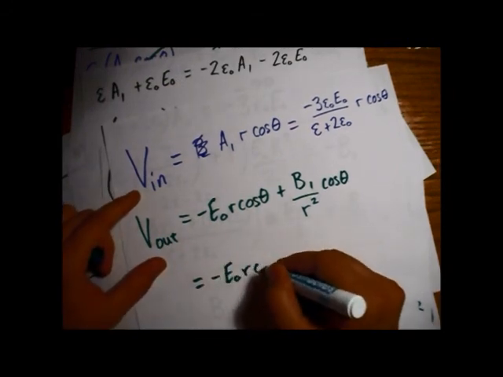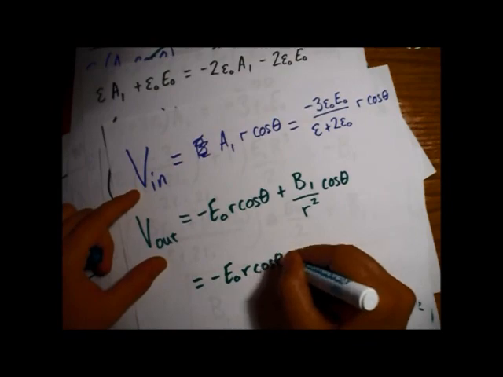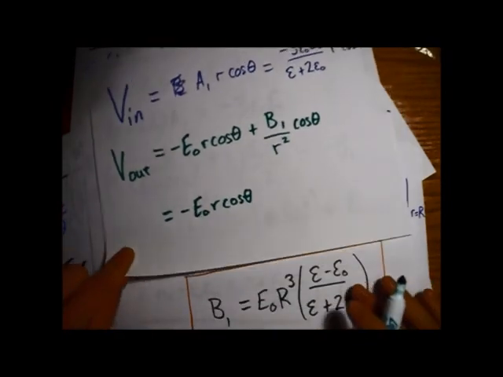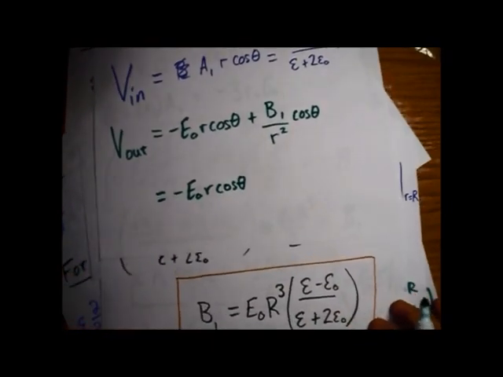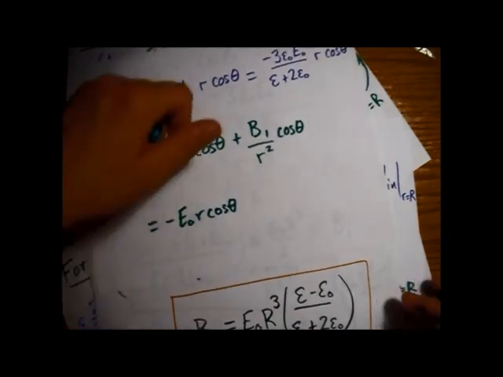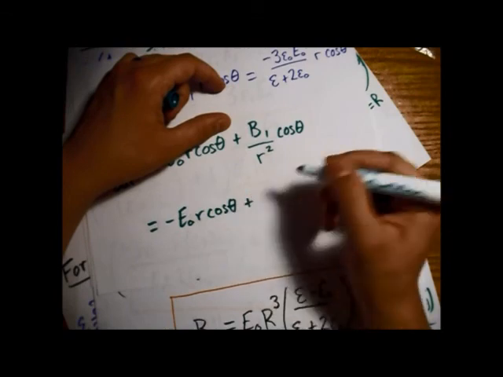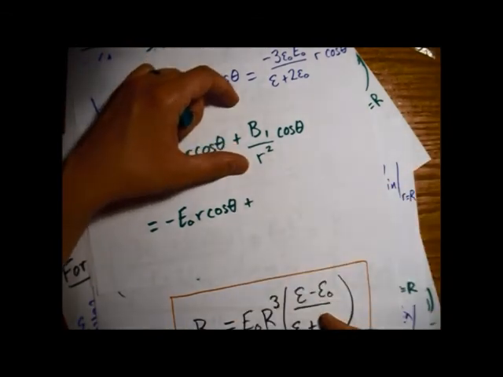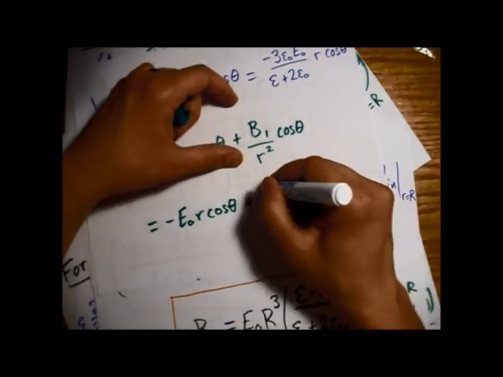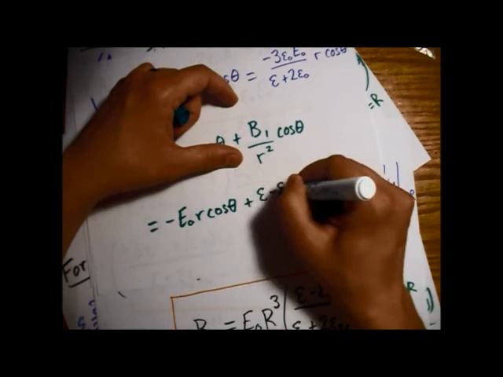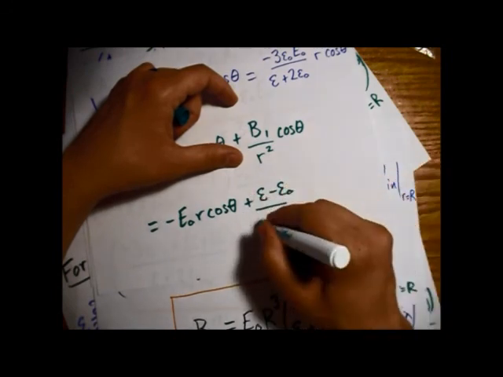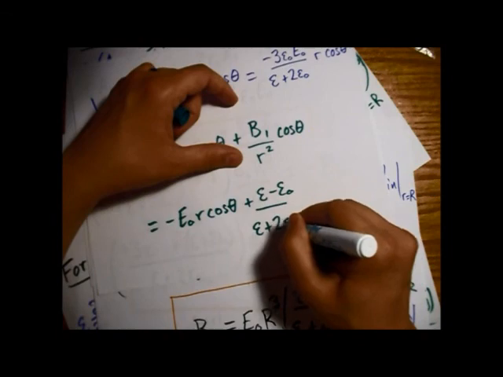We still have our ever-present term that we get from that field way out there. And then we have this guy. I'll bring this dude out front: epsilon minus epsilon naught over epsilon plus 2 epsilon naught.